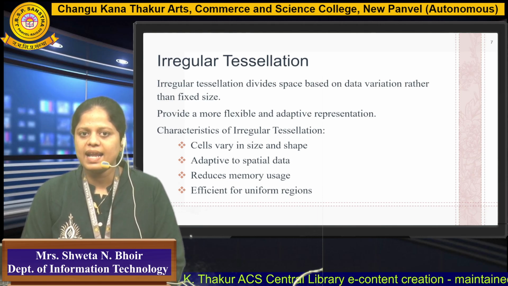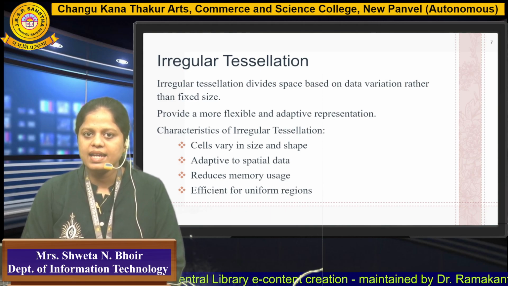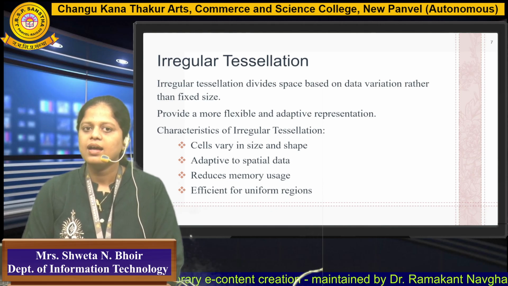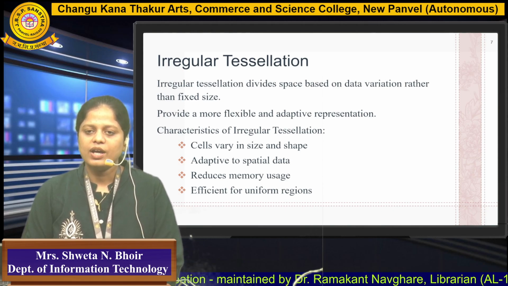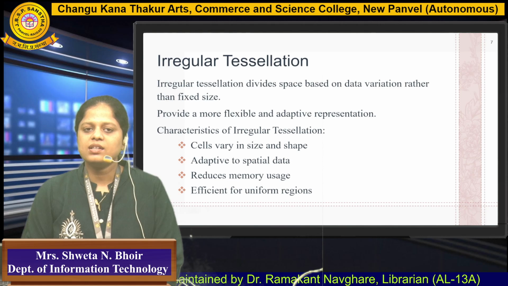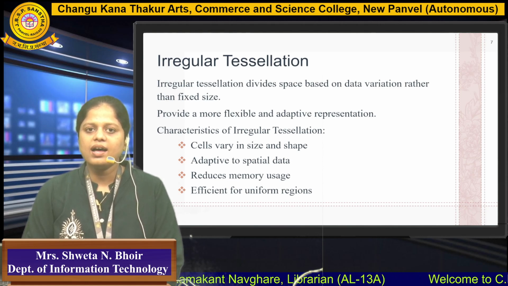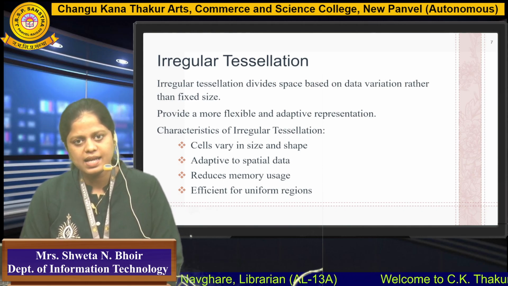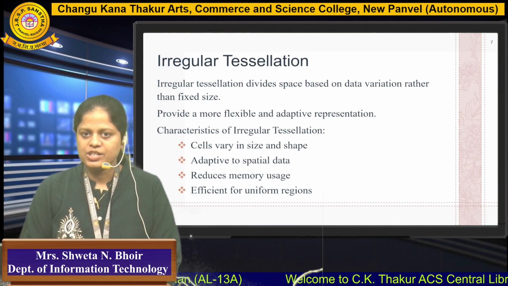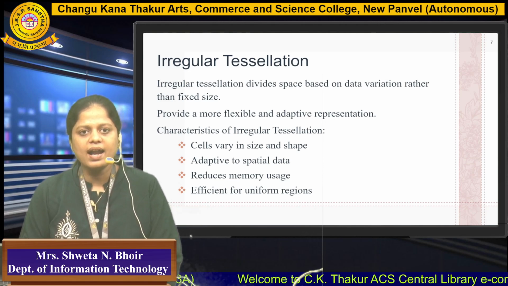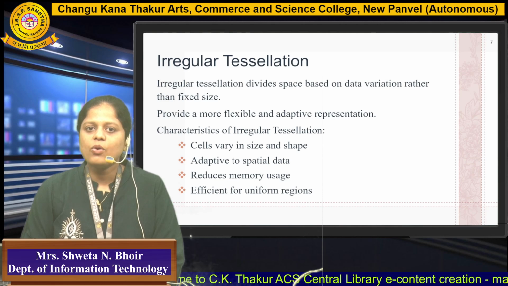So what are the characteristics of this irregular tessellation? Cells vary in size and shape. Okay, means whatever cells you are using, for example hexagonal, triangular, square, all of them you can use in different sizes and different shapes. It is adaptive to the spatial data. It is more advanced than the regular one, so it is more adaptive.